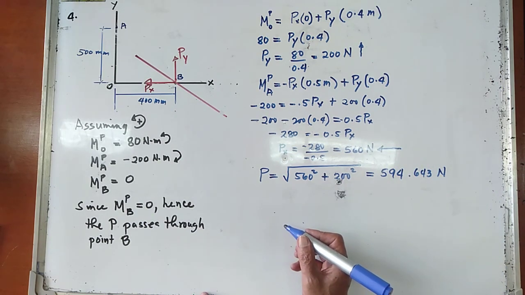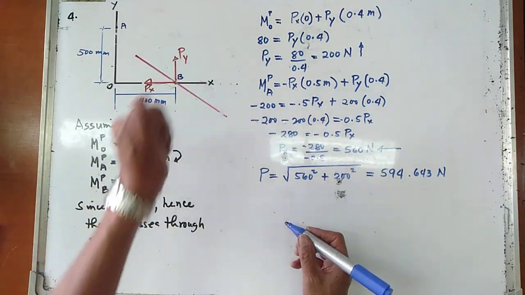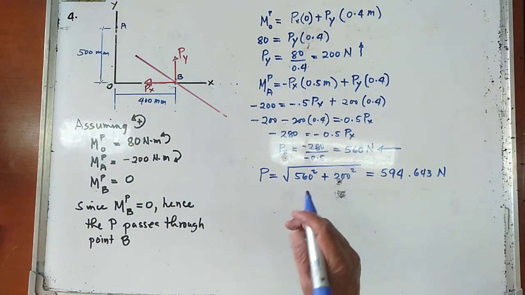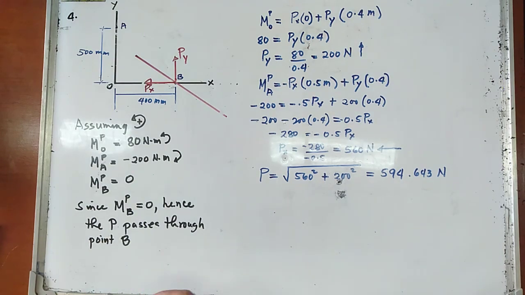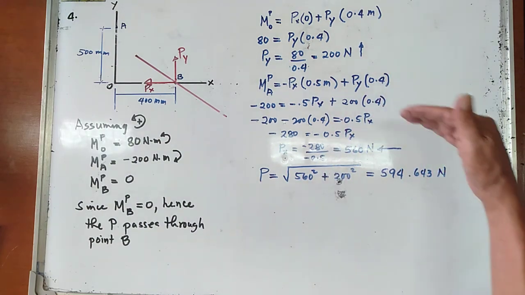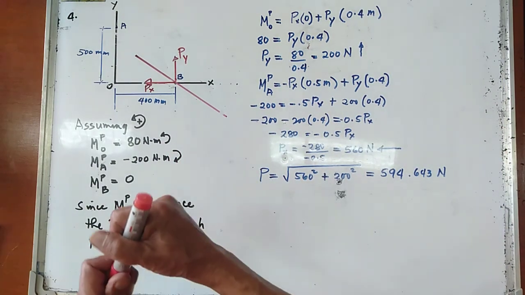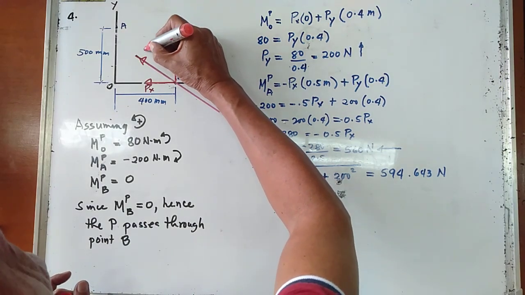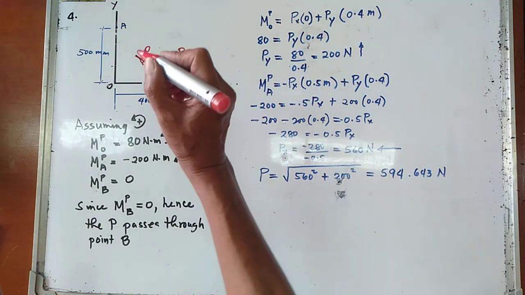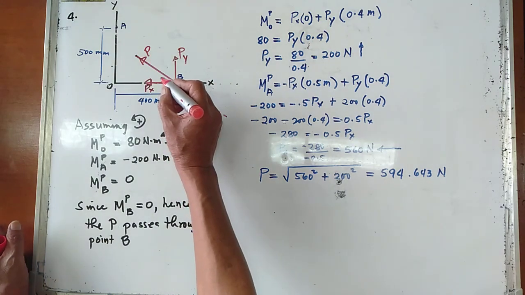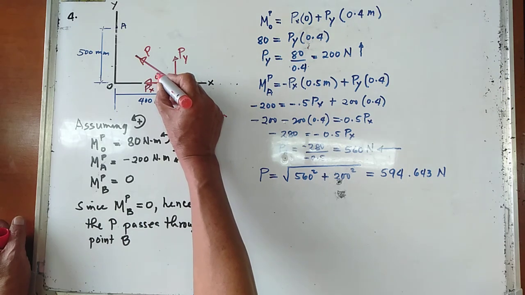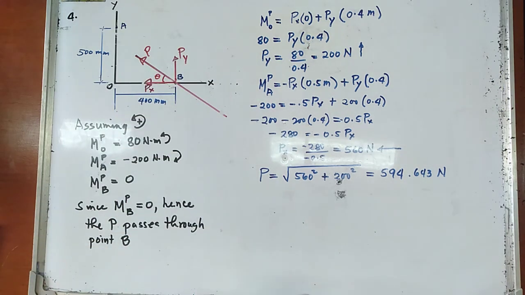So let us try to determine now the angle it makes with the x-axis. Since Py is upward and Px is now going to the left, this is now the force P. So let us try to determine the angle it makes with the horizontal, and this is an angle theta.